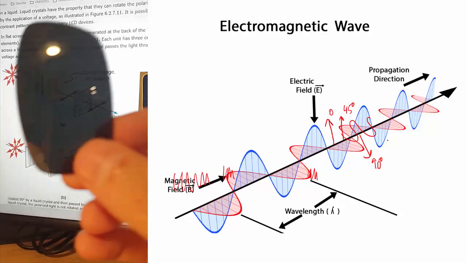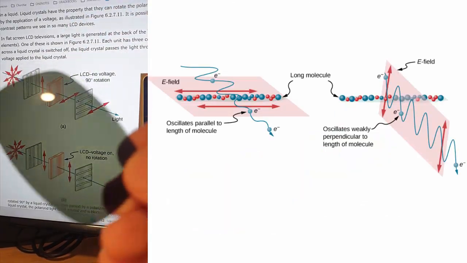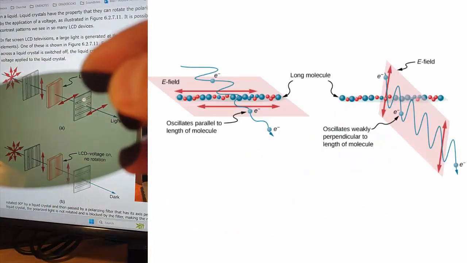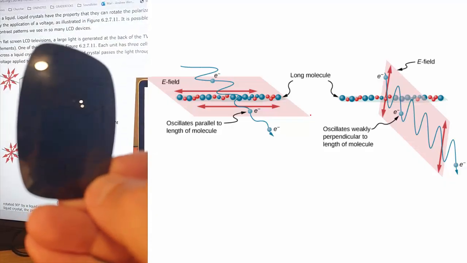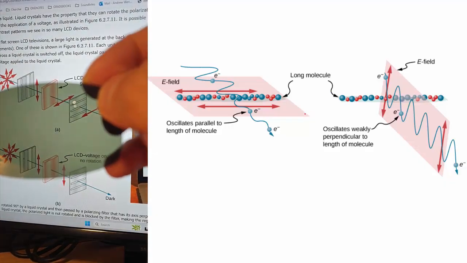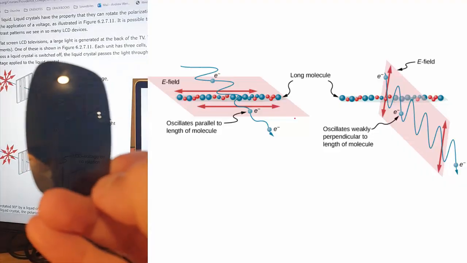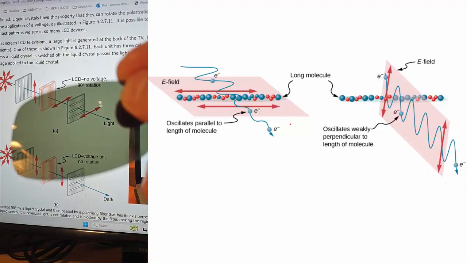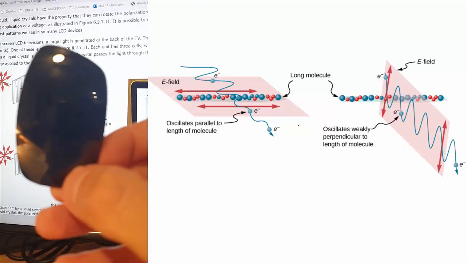Also, just to recap, because this is relevant from the previous video on calcite mineral polarizing light in two different directions, the easiest way to polarize light is to grab some sunglasses made out of plastic, because they've got very long molecules all lined up.